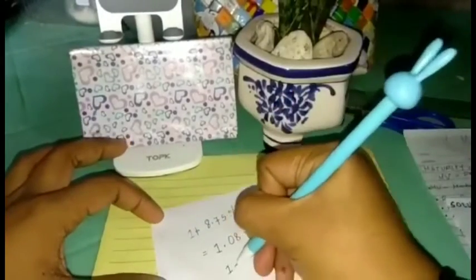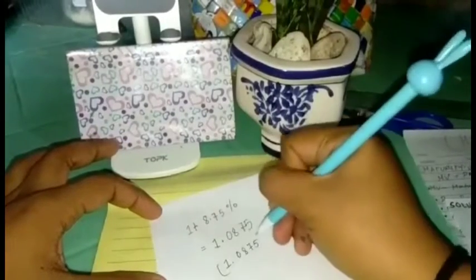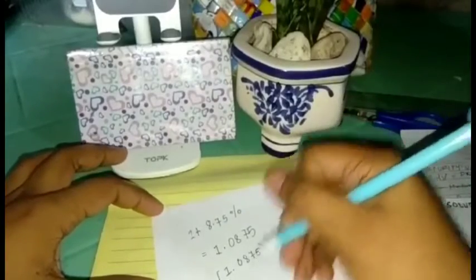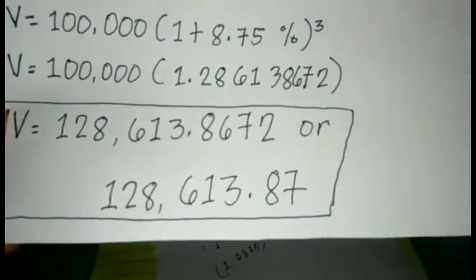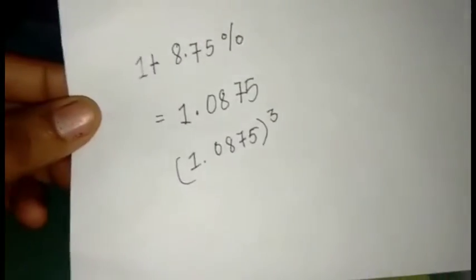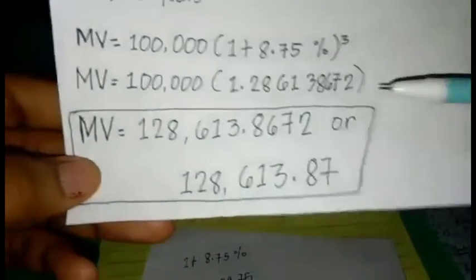The 1.0875 will be multiplied by itself to get the product of 1.286138672. So if you multiply this by itself 3 times, you will get this product.